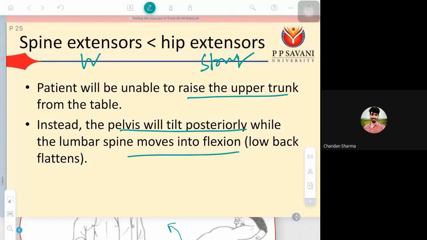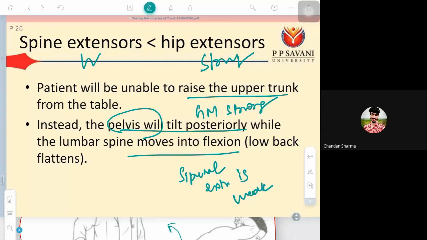Why is the lumbar going into flexion? Because spinal extensors are weak. Why is the pelvis tilting posteriorly? Because gluteus maximus is strong. Now this is the first point.